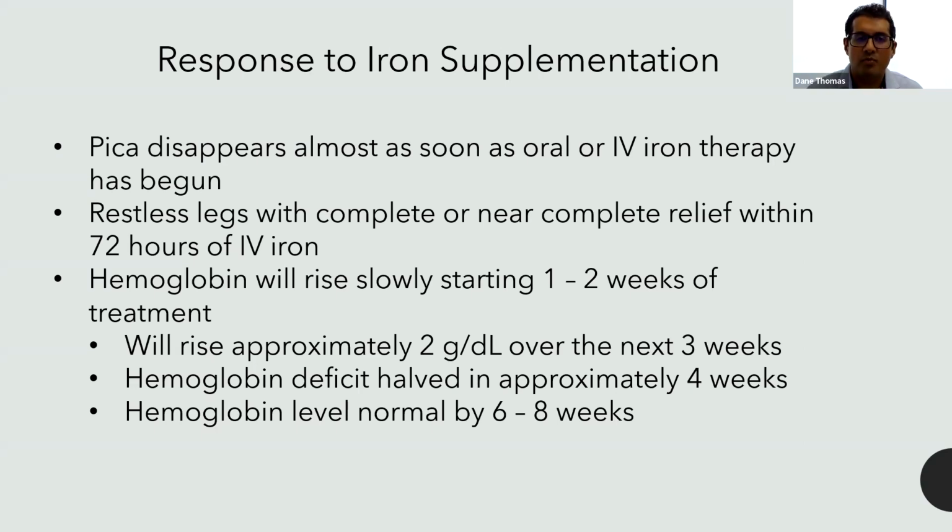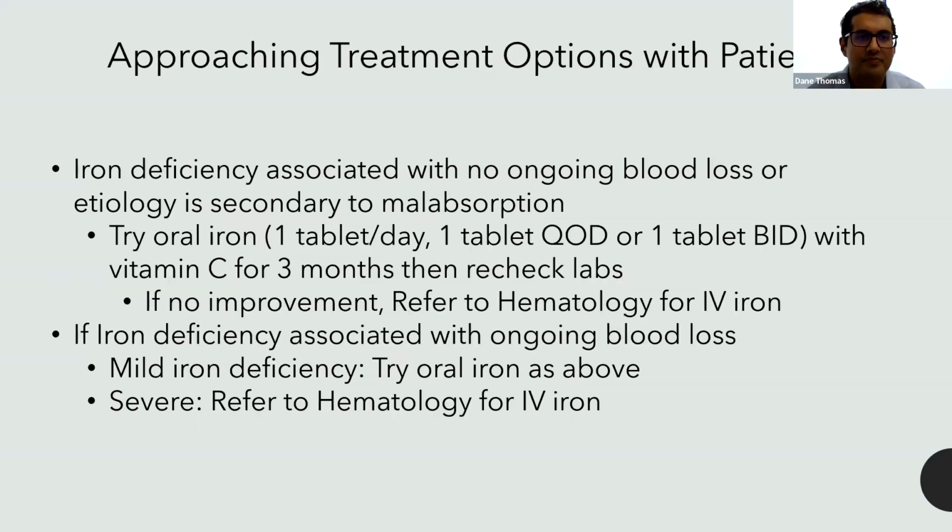The patient's hemoglobin will rise slowly, keyword slowly, starting 1 or 2 weeks into treatment. The hemoglobin will rise approximately 2 grams per deciliter over the next 3 weeks. The hemoglobin deficit typically is halved in approximately 4 weeks, and then the hemoglobin level will normalize by 6 to 8 weeks, or longer in some patients.